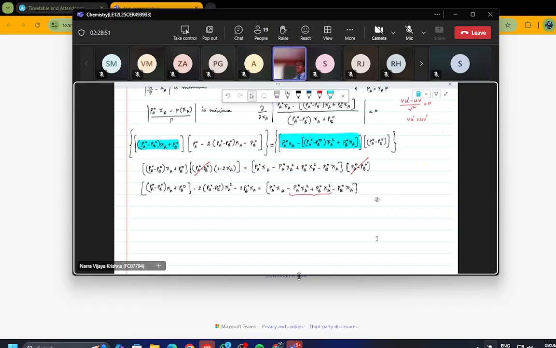Expansion is correct. Now expand this term also. What do you get? PA naught XA minus PB naught into XA plus PB naught. Correct, sir?